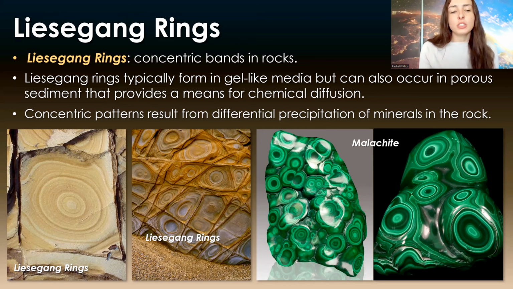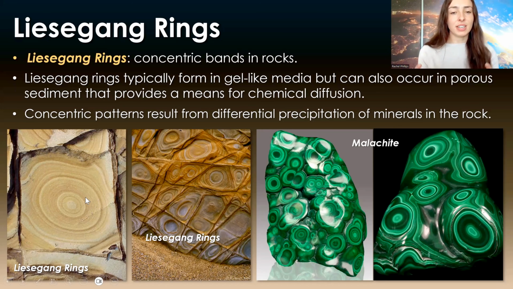So what this means basically is maybe this circle with a little bit more of a red color compared to the more tan circles might have had more iron, dissolved iron, precipitate near that region or kind of coat those grains in that porous sand sediment media.